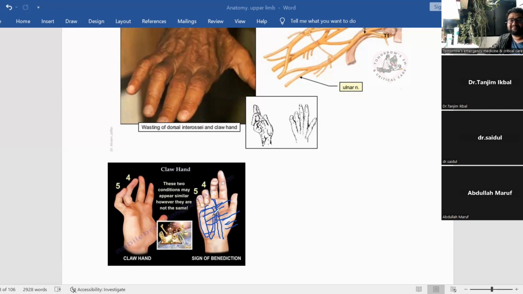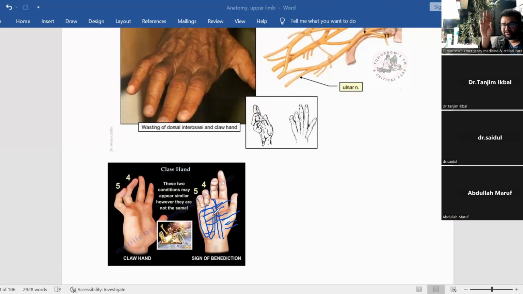So when you ask the patient to make a grip, due to the lesion of the three and a half, he will be unable to make a fist. So the hand looks like this, as if the bishop is blessing. This one is called sign of benediction, Pope sign, or bishop blessing symbol.